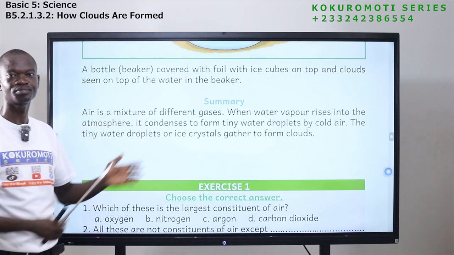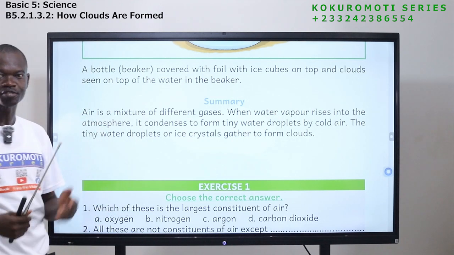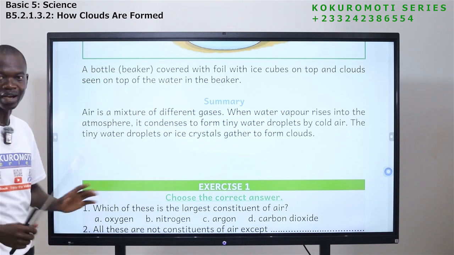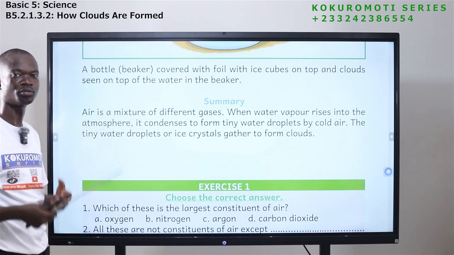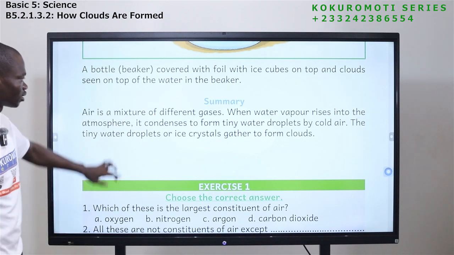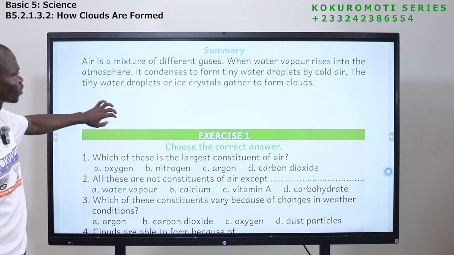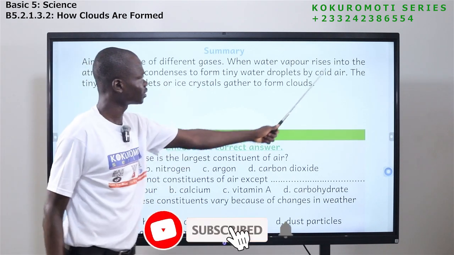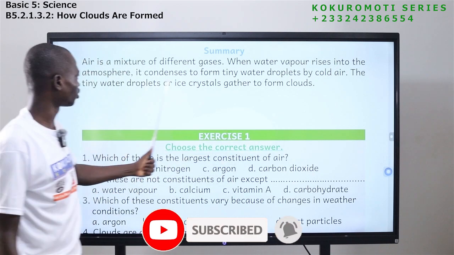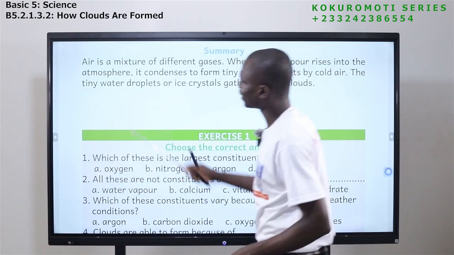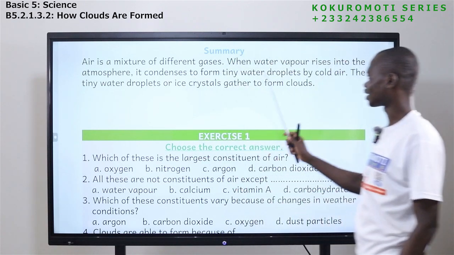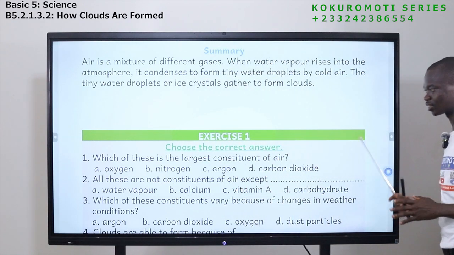We also have dust particles and water vapor. So they are all parts of the air that we have on Earth. When water vapor rises into the atmosphere, it condenses to form tiny water droplets by cold air. The tiny water droplets or ice crystals gather to form clouds. So this is how clouds are formed.